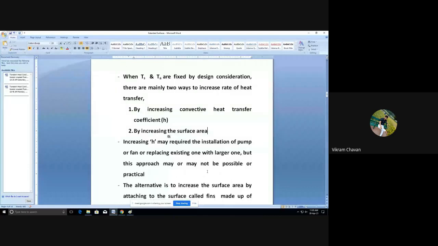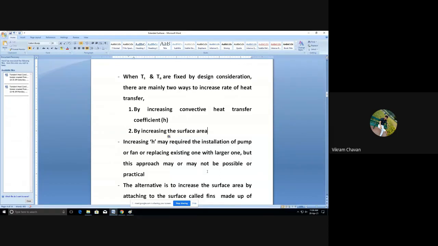Next line you can write: increasing H, that is the convective heat transfer coefficient, may require the installation of a pump or fan, or replacing the existing one with a larger one.